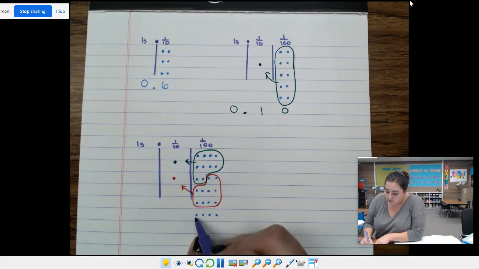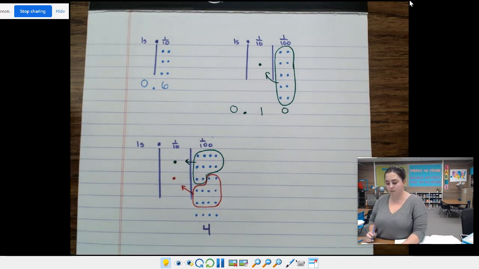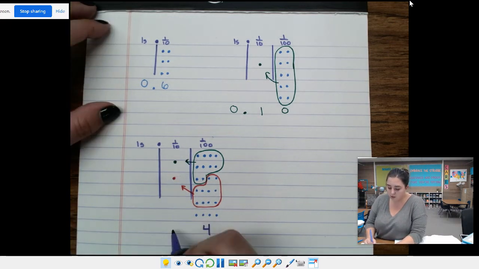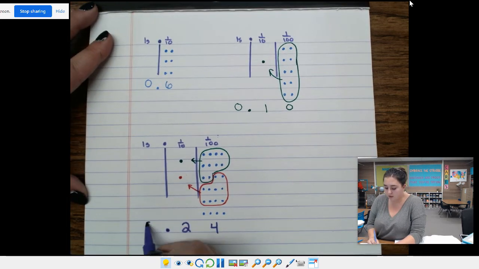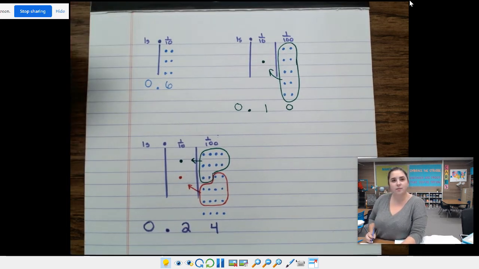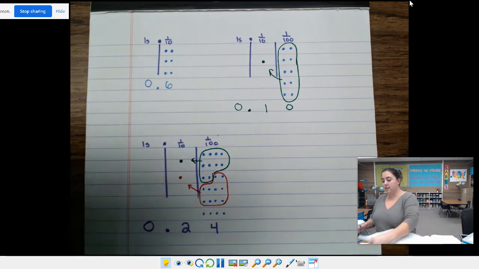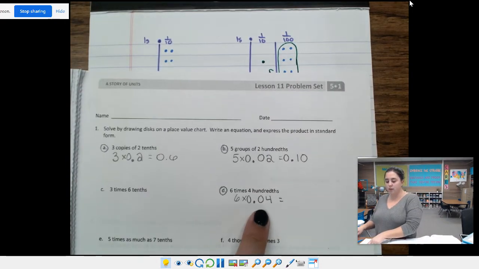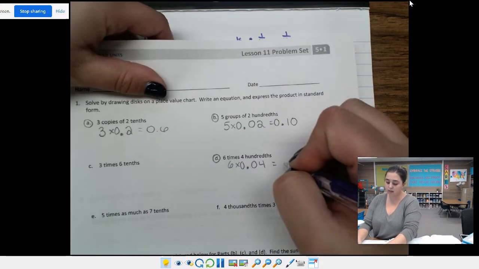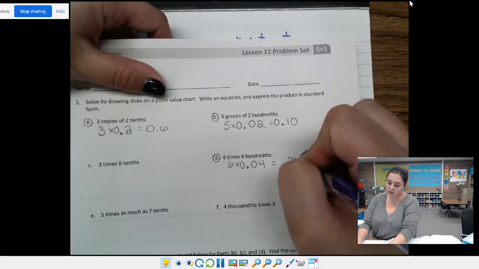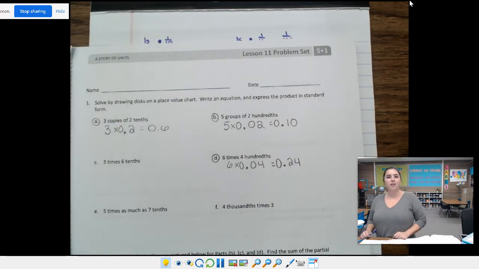I have 1, 2, 3, 4 pennies left. My 2 dimes and 4 pennies. So 6 times 4 hundredths was 24 hundredths. There we go. 24 hundredths.